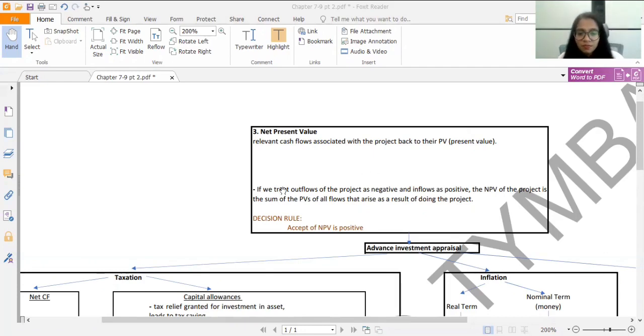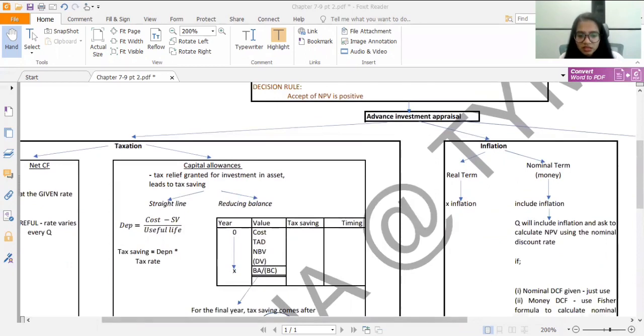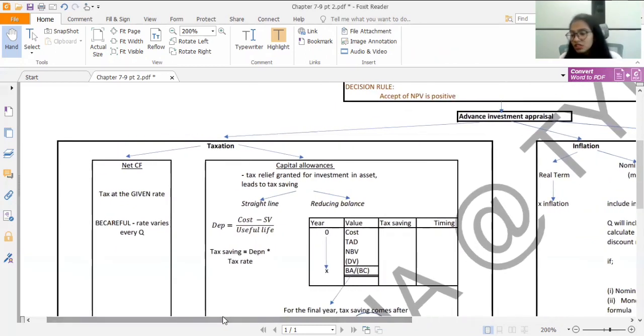Now let's start with the first one, taxation. The three elements that are added into your advanced NPV are taxation, inflation, and working capital.